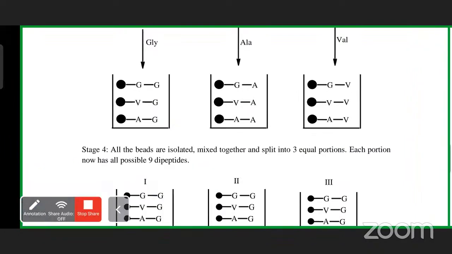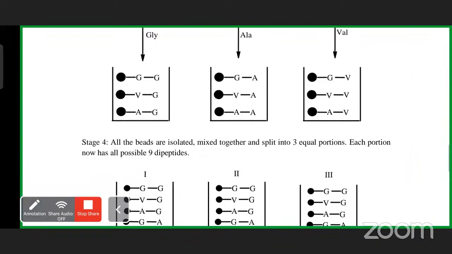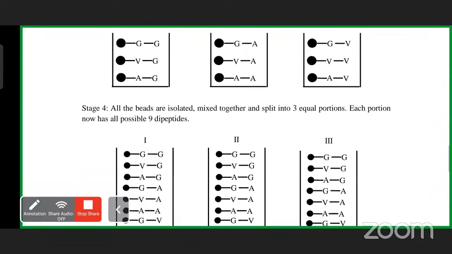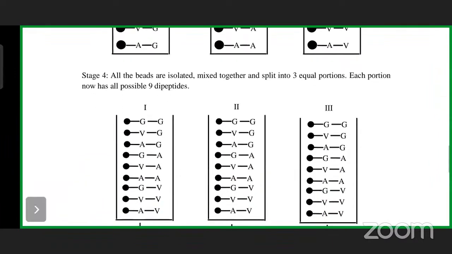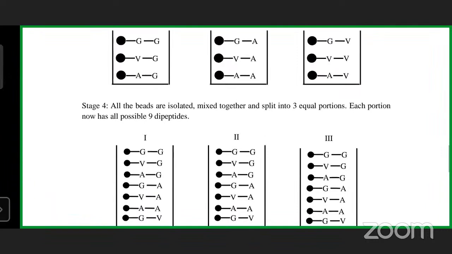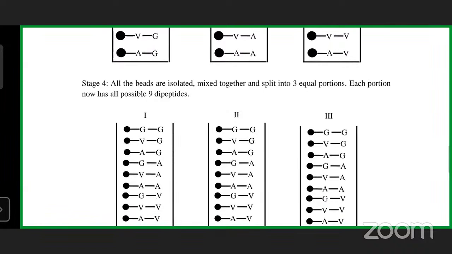Then the fourth step. You distribute, right? You mix all these dipeptides in one reaction vessel, and again you take three reaction vessels and equally distribute these dipeptides in the three reaction vessels.